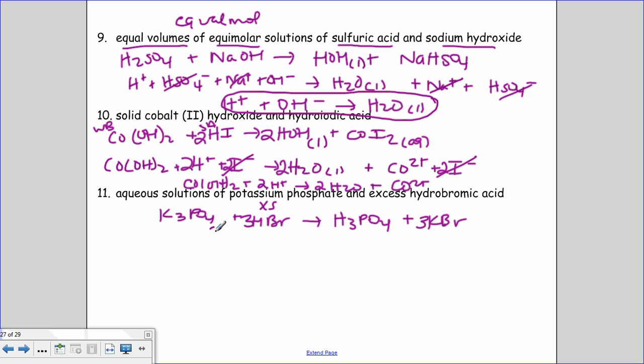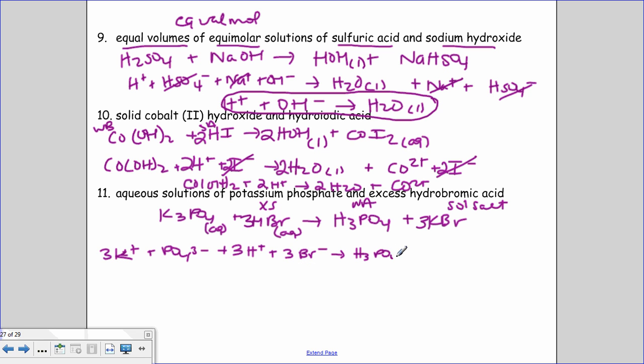And this is aqueous, and this is always aqueous as acid. This is not a strong acid, this is a weak acid, and this is a soluble salt. So now we can actually ionize everything, so 3K plus phosphate plus 3H plus 3 bromide ions yields H3PO4 because we keep that together.